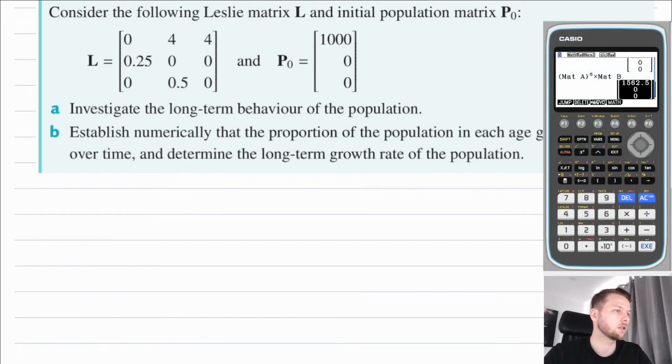So going back to our calculator, if we go to matrices and modify this one, we want 4 here and 4 here. And that is our new Leslie matrix. Exit, exit, and we can go back up to the top and press enter. Our initial population doesn't change, but here we go.